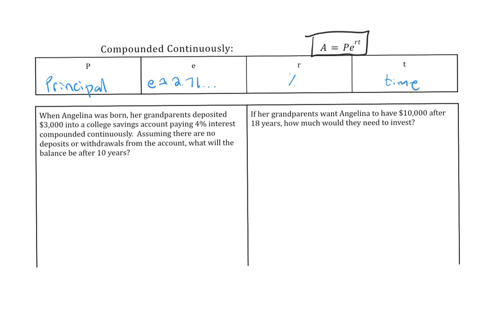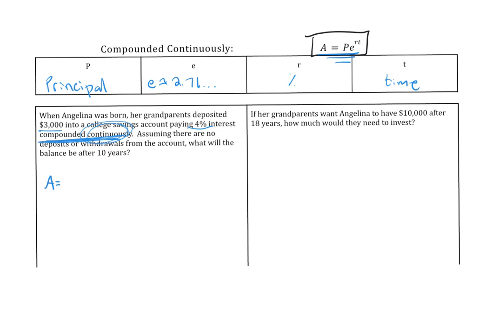Okay, so when Angelina was born, her grandparents deposited $3,000 into a college savings account paying 4% interest compounded continuously. So every time you want to look for the word continuously in your lesson, and that is your signal to use this formula. And we're going to leave that money in there for 10 years.